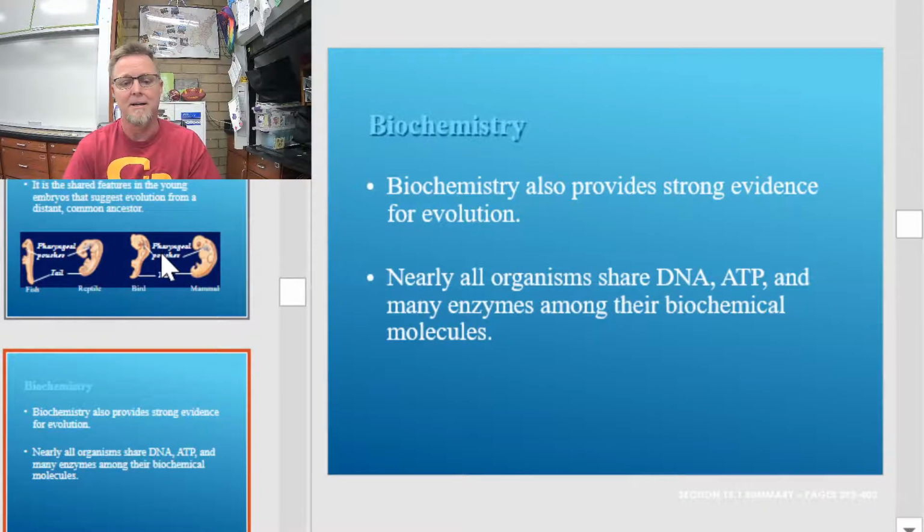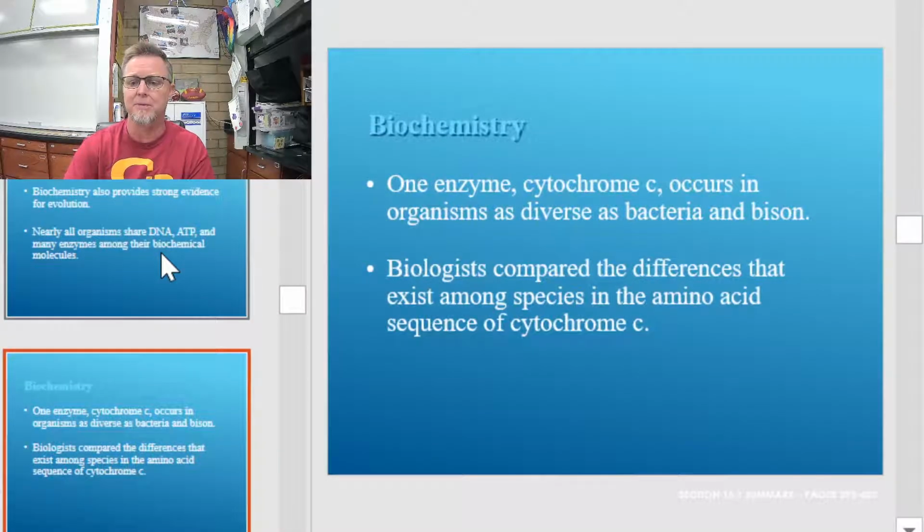All right. Last thing to look at that might allude to population change over time is biochemistry. Biochemistry can provide potentially strong evidence for evolution because nearly all organisms share DNA, ATP, and many other enzymes along with their other biochemical molecules.